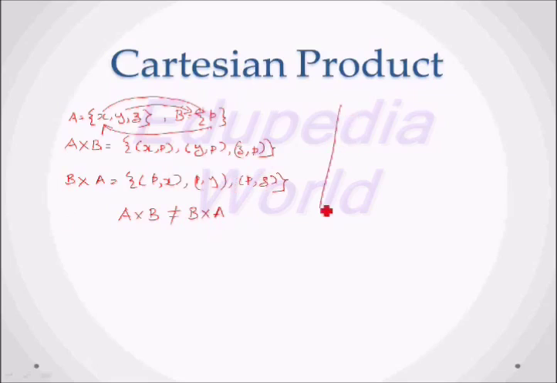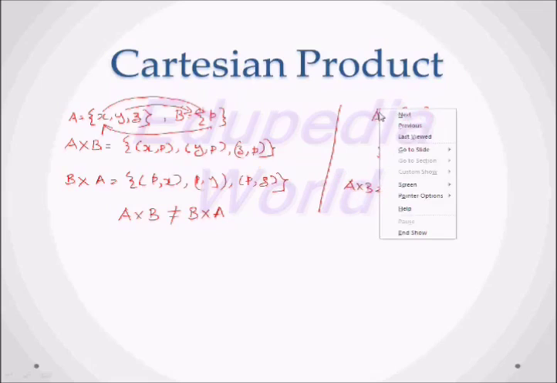Let's see that. Let A equal the set {1} and B equal the set {1}. Now A cross B equals first component from set A and second component from set B, that is the set of all ordered pairs (1, 1).